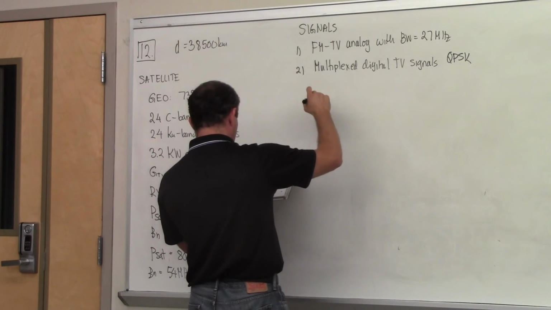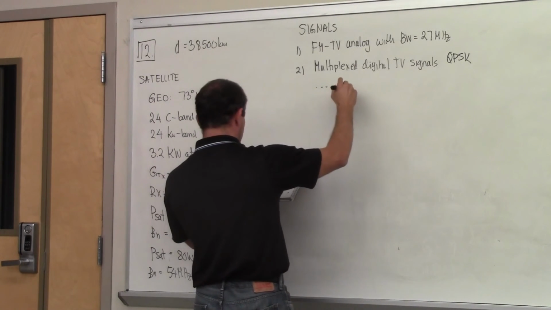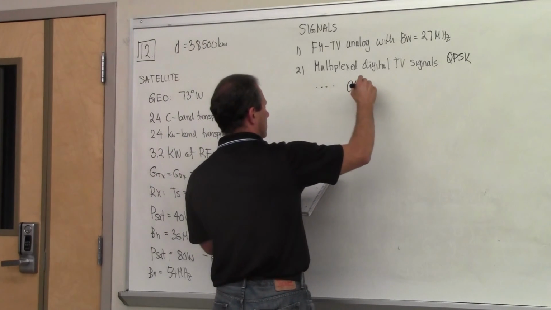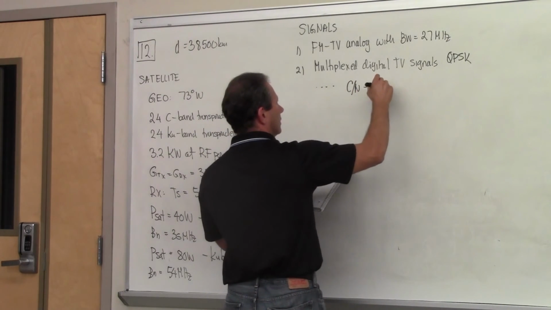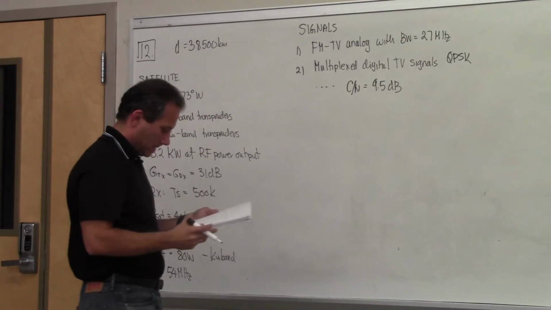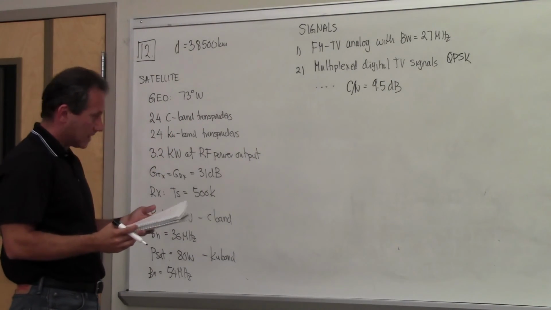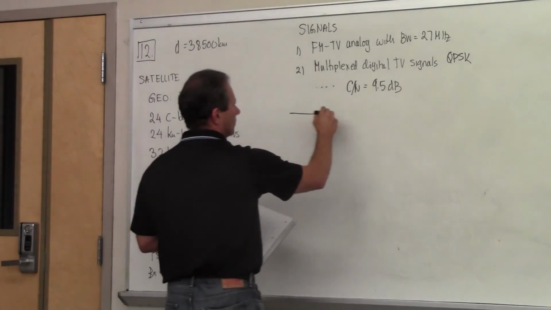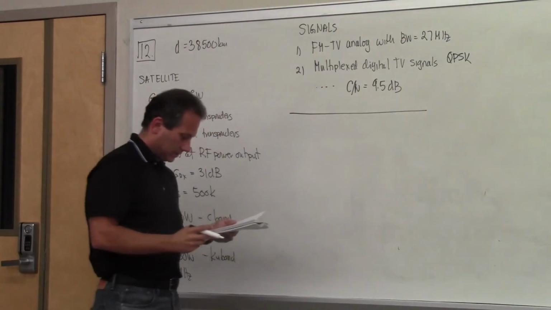There's a lot of data, but really what we care about is that C/N needs to be 9.5 dB. These are all input data, and we're going to go back to them as needed.